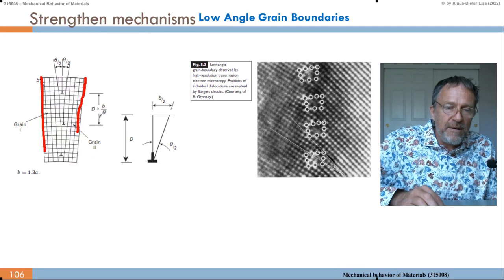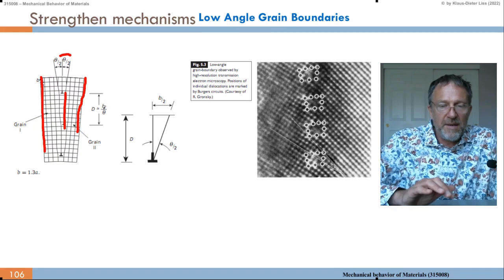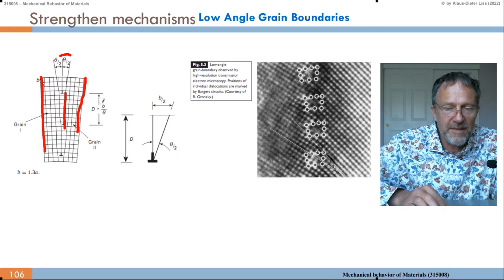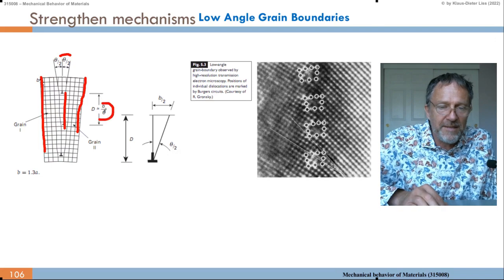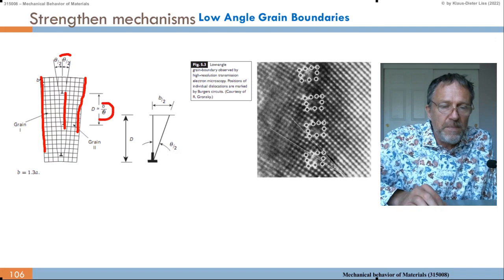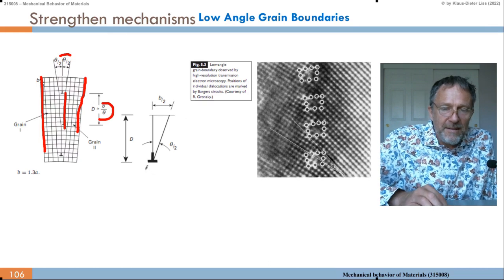If we say now the distance, and the angle, if this is theta half, the distance is approximately b over theta. That's for small angle approximation. You can put the sine in, or expand the sine into Taylor. Then it's b over theta.